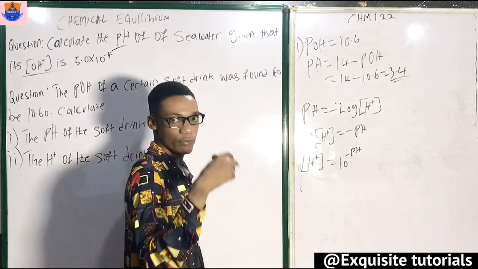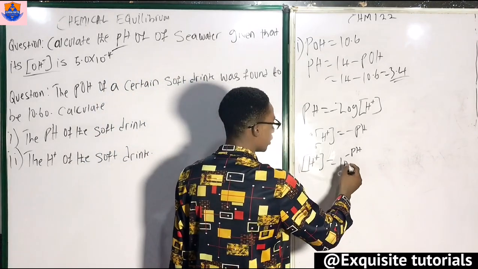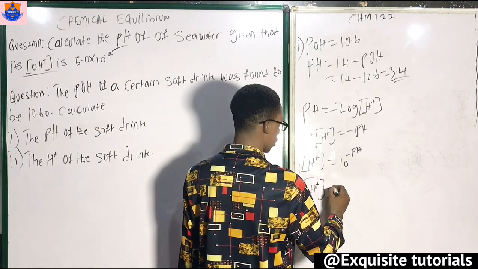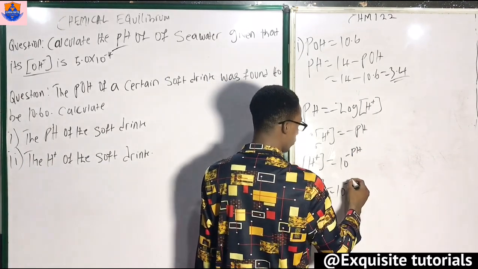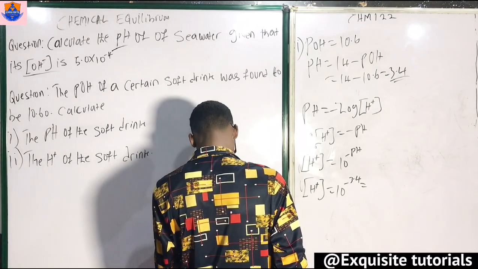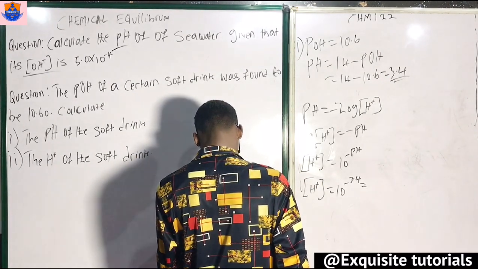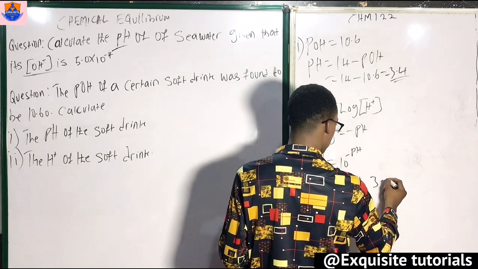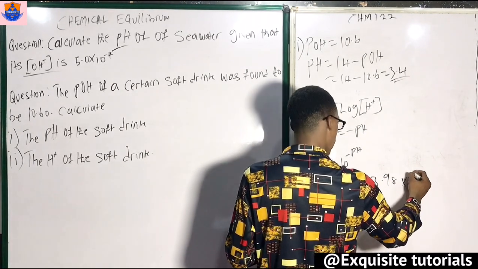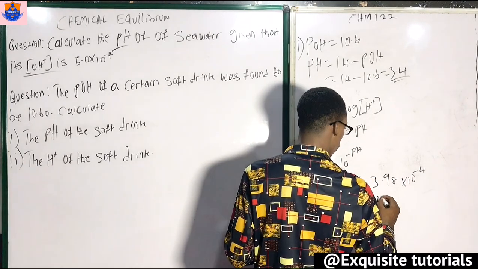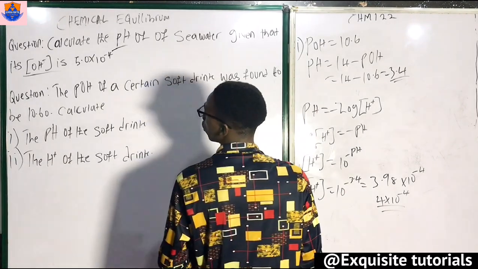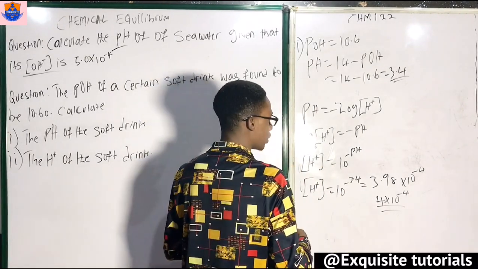Antilog is something like 10 raised to the power something. So 10 raised to the power minus 3.4 is actually 3.98 times 10 to the power minus 4, which is approximately 4 times 10 to the power minus 4. Now this is the concentration of hydrogen ion for this question.